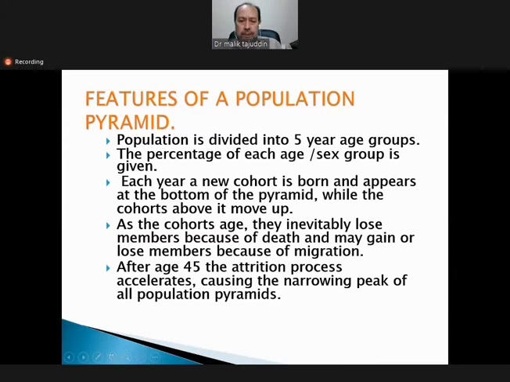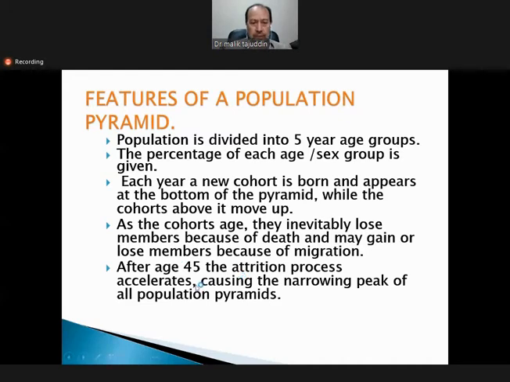One way of getting inducted in this population pyramid is birth, and another way is in-migration, the people who are coming from abroad to this country. Similarly, there are two ways of being excluded from this population pyramid: deaths, and out-migration, the people who are going outside the country.